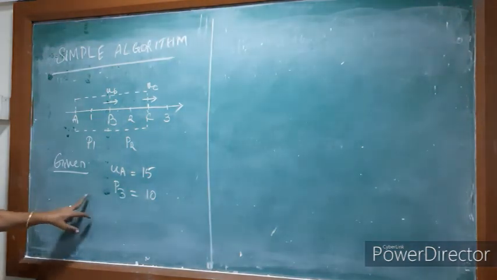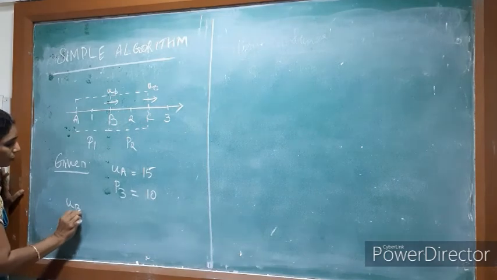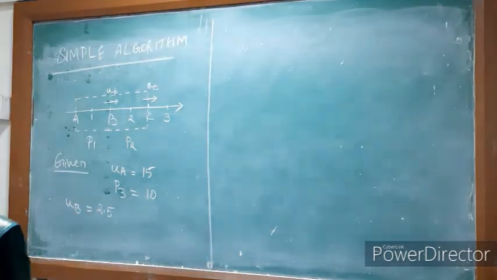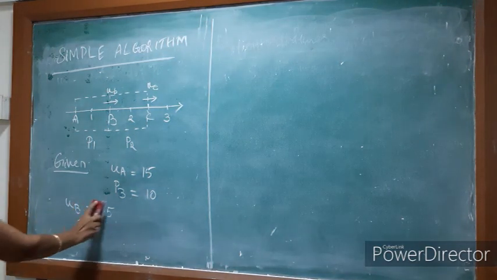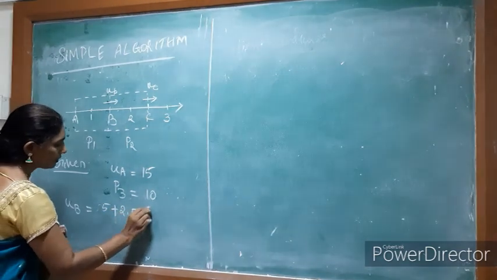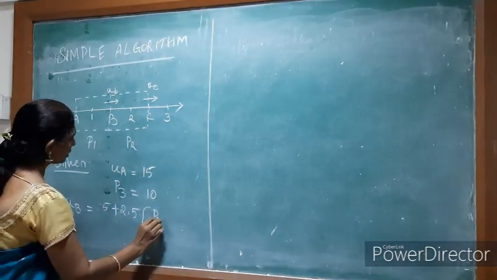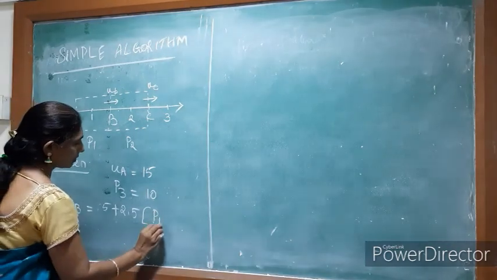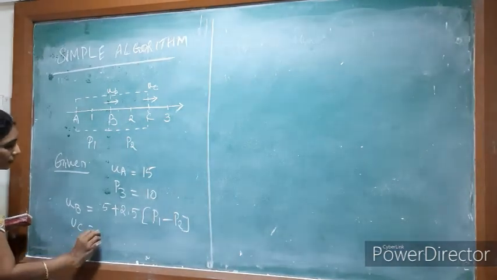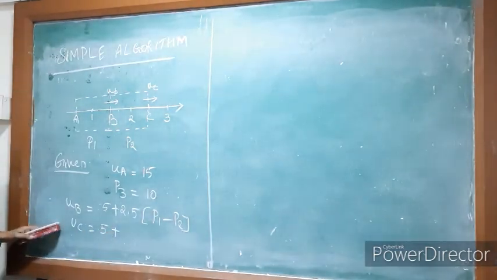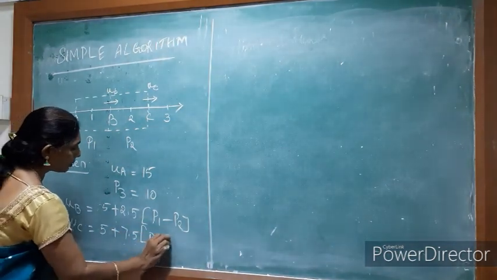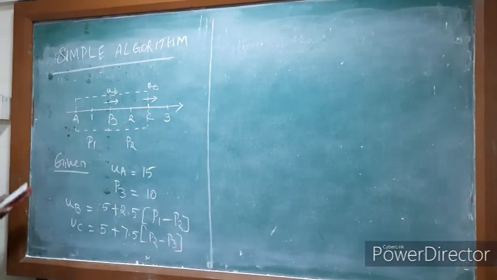Then we have two momentum equations. So one is UB equals 5 plus 2.5 into P1 minus P2. And next you have one more condition, that is another momentum equation at point C. So it is UC equals 5 plus 7.5 into P2 minus P3. So these are the given conditions.